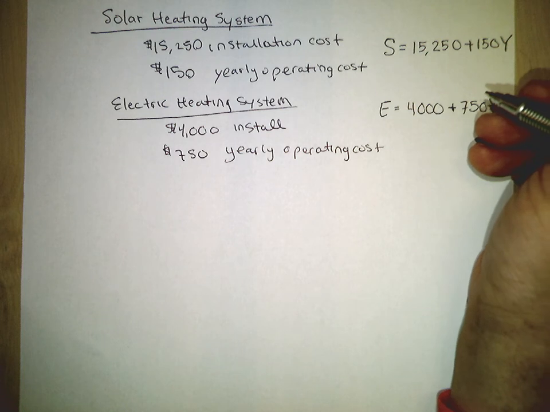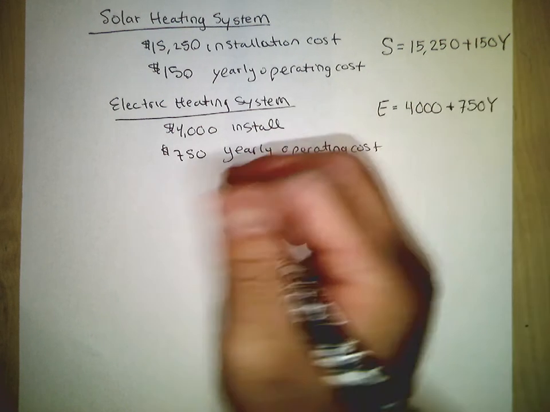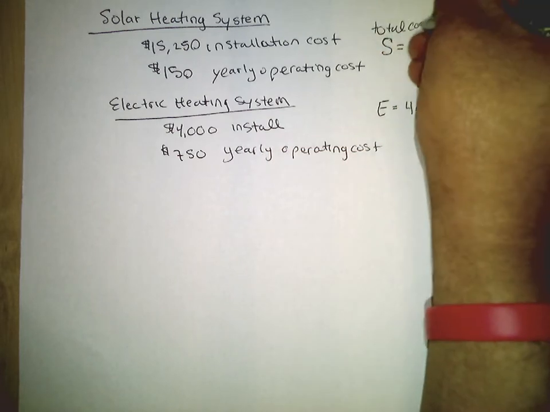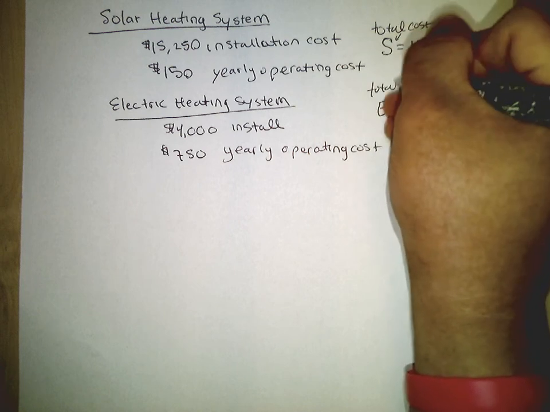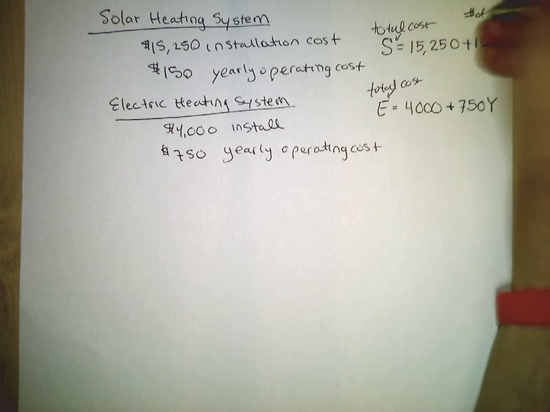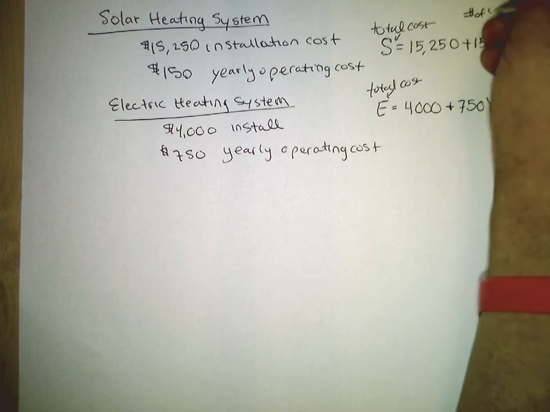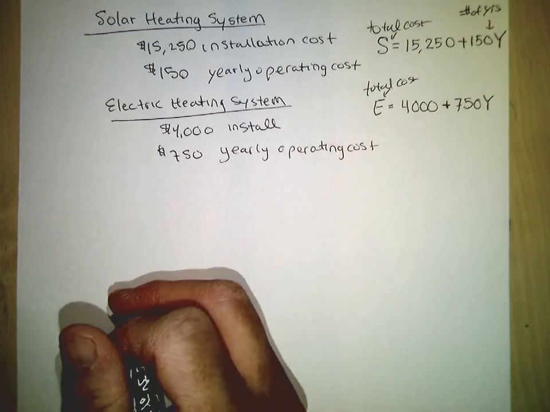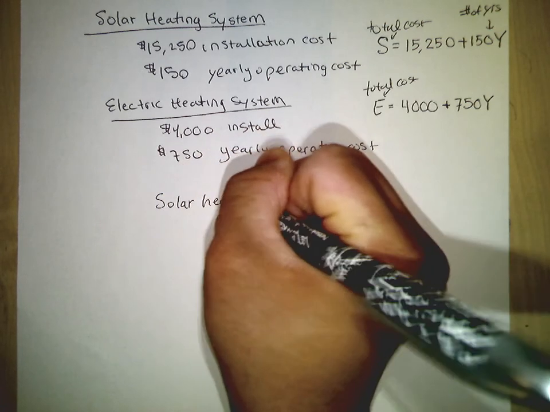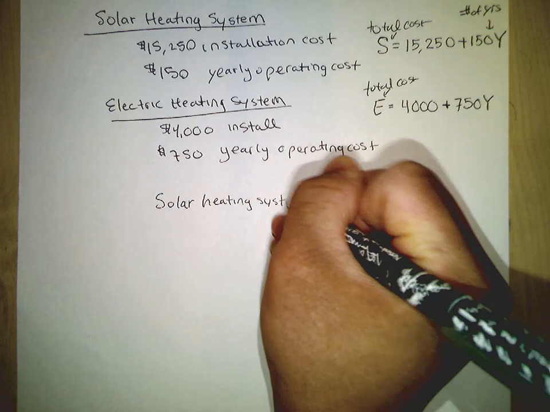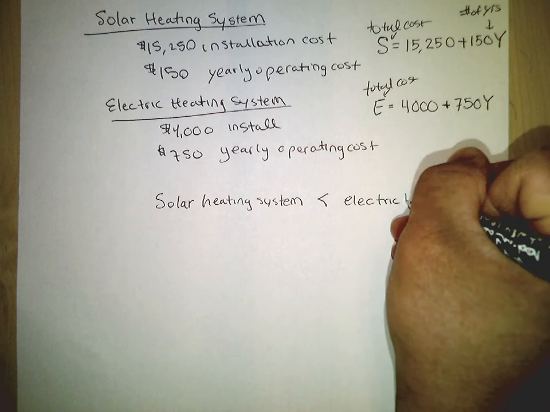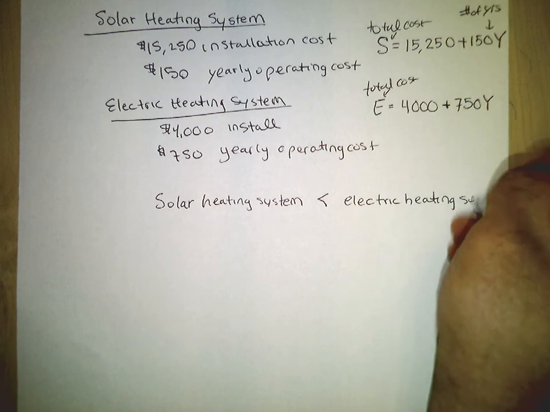Now it says, how many years will pass before the total cost of the solar heating system will be less than the total cost of the electric heating system?